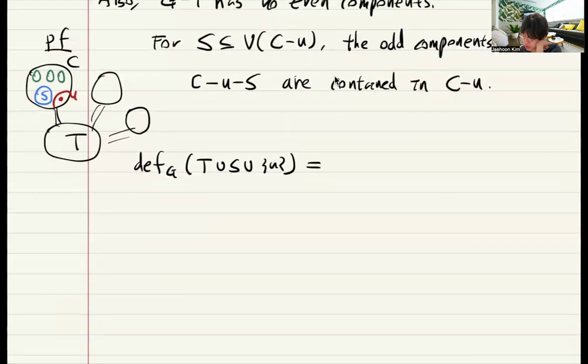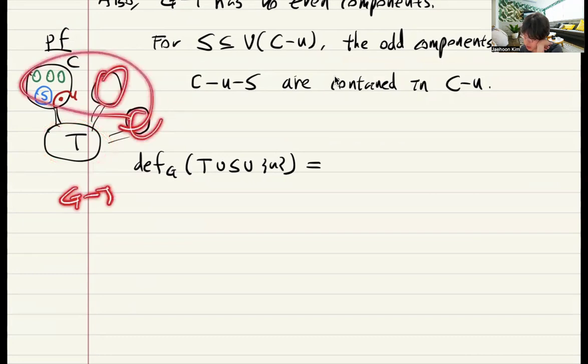But what do we know? Out of all odd components in G minus T, these are still kept there while one disappeared.